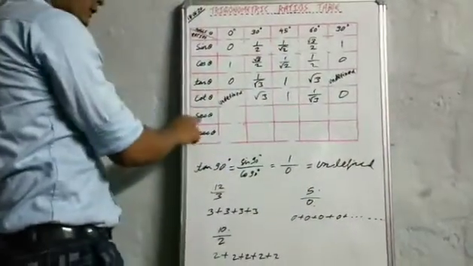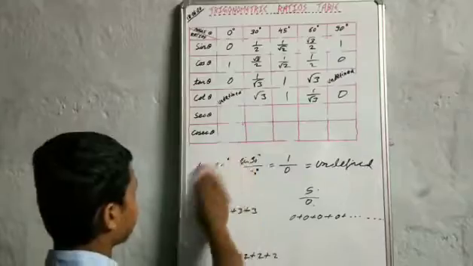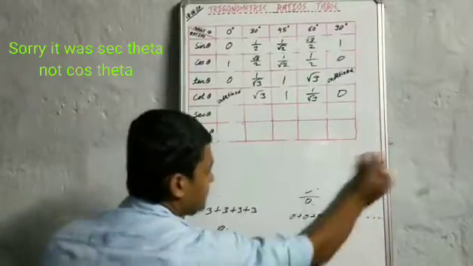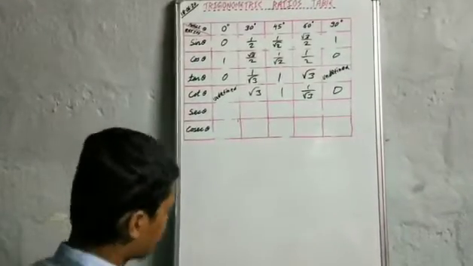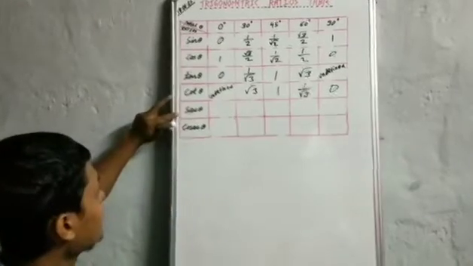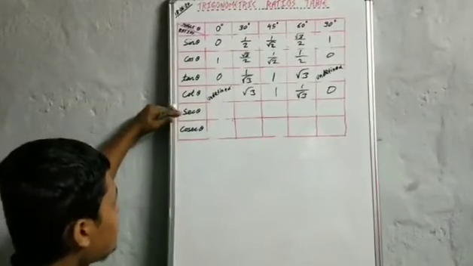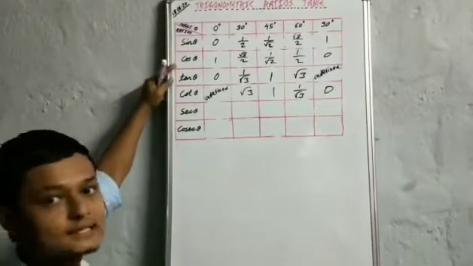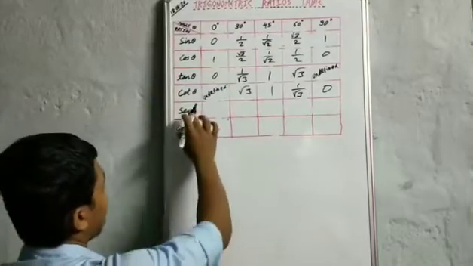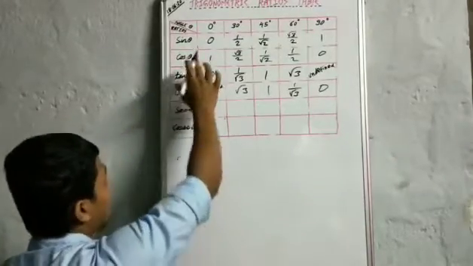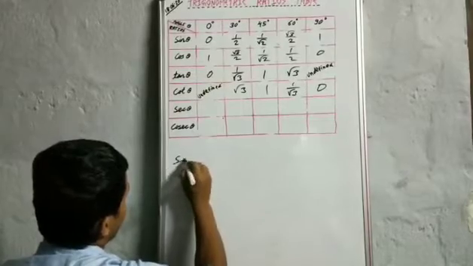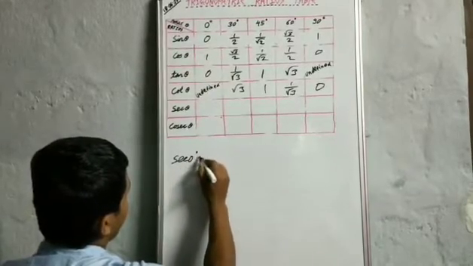So now we have to find the value of sec theta. So we all know that sec theta is the reciprocal of cos theta. So we have to find the value of sec of angle 0 degree.